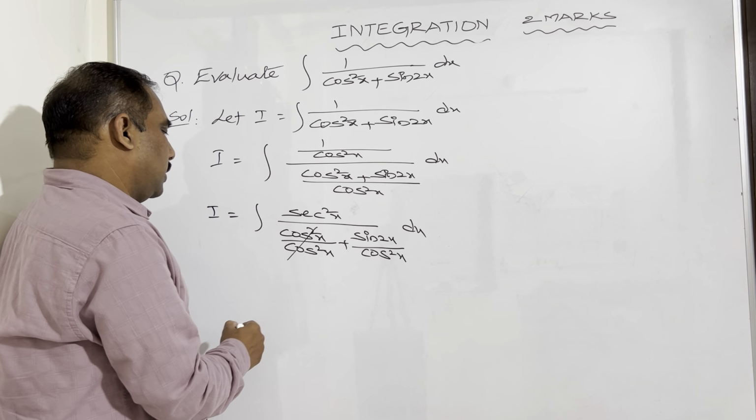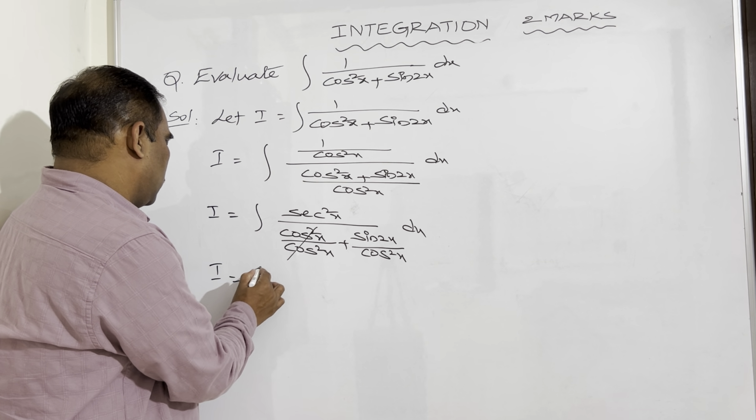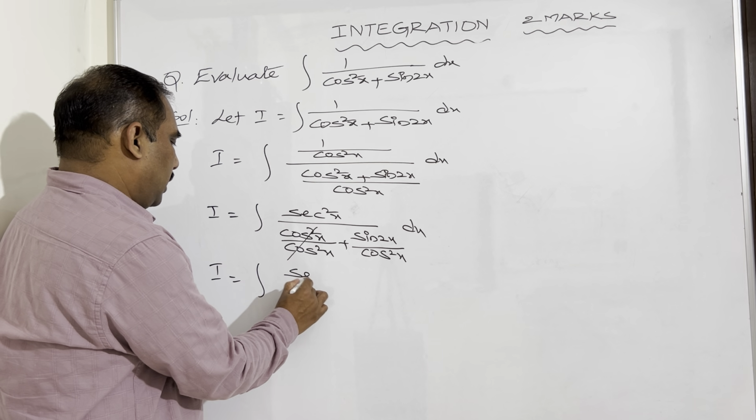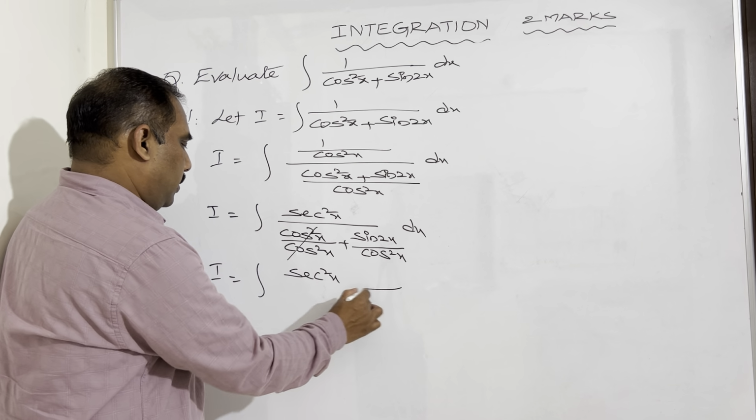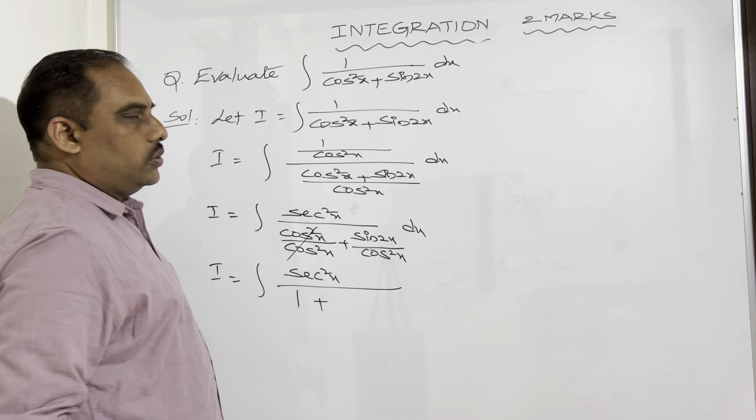Now here cos square x gets cancelled. So I is equal to the integral of secant square x divided by 1 plus sin 2x.